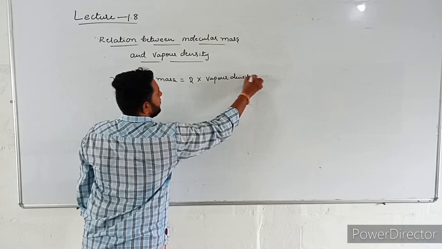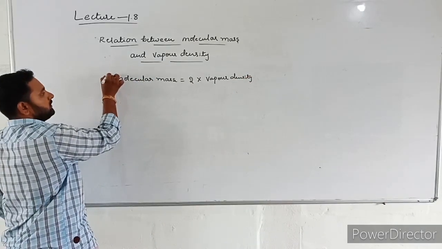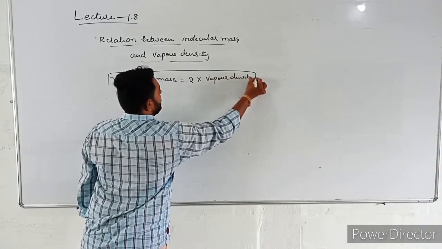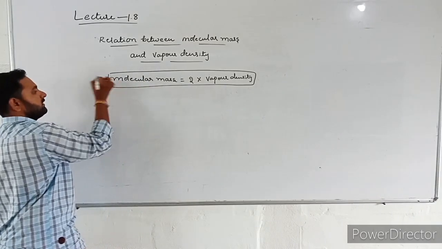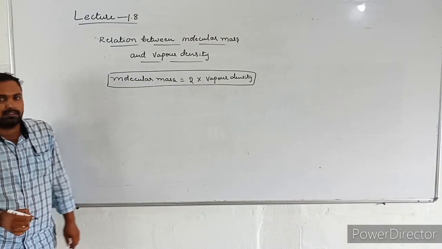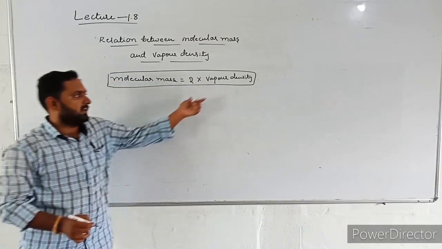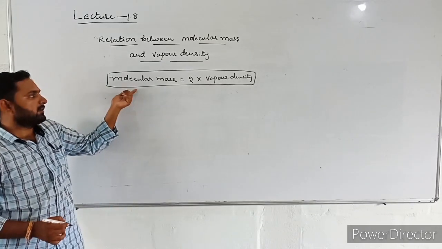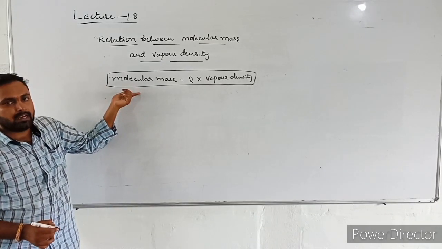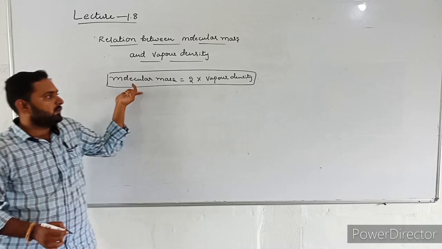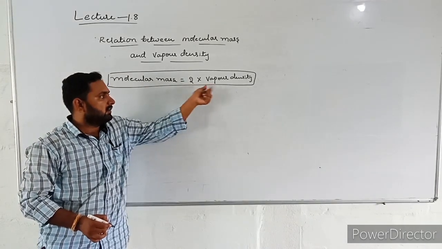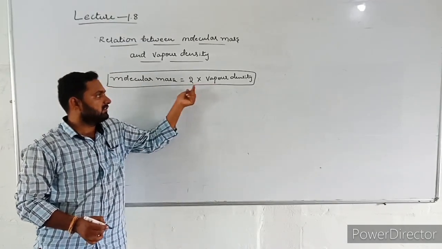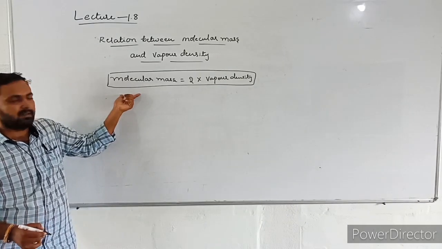This relation is very important to calculate molecular mass when vapor density is given in a numerical. In some numericals, indirectly it will give vapor density and it will ask you to calculate molecular mass. How do you calculate molecular mass? If you multiply the vapor density with 2, you will get molecular mass.